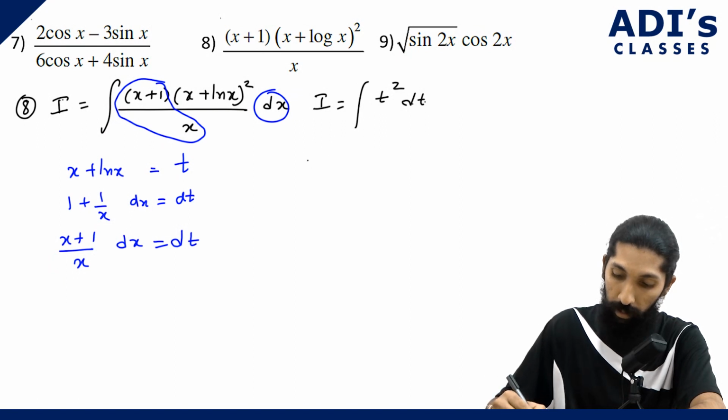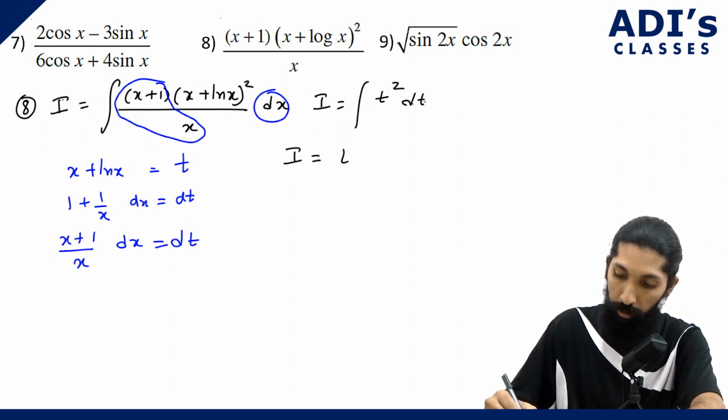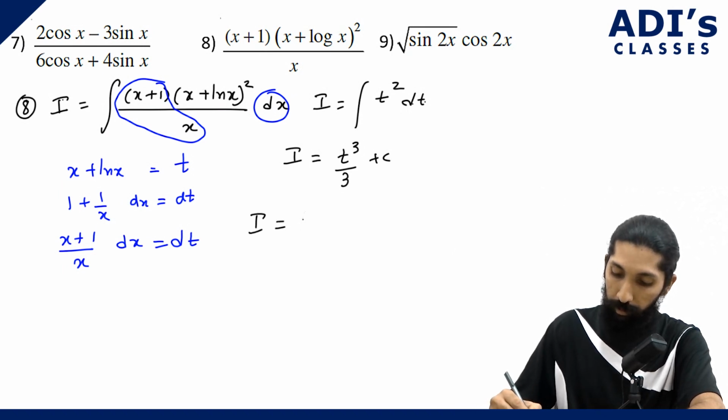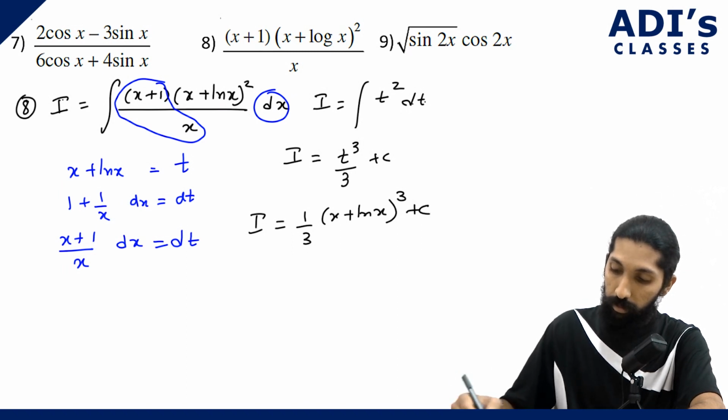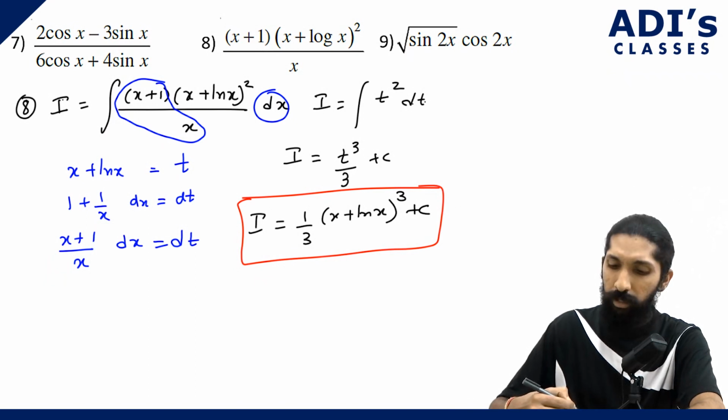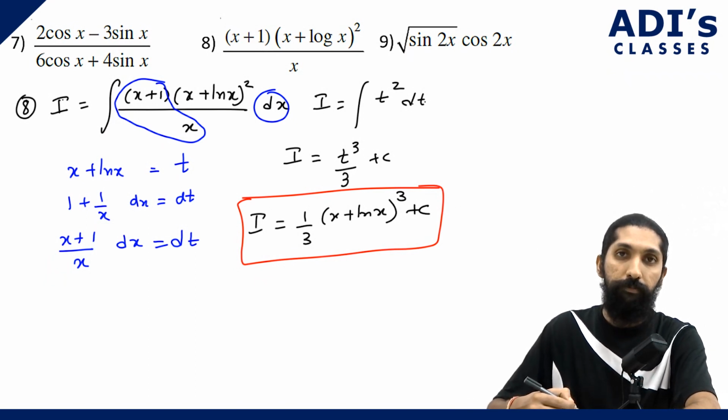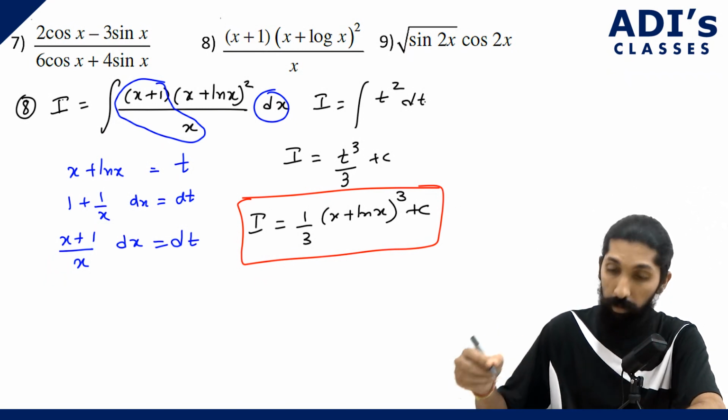So you will get I is equal to t cube divided by 3 plus c. So I is equal to 1 by 3 (x plus log x) whole cube plus c. So this is going to be the final answer. Very simple, very, very simple problem, isn't it? That's all. Now let's do the ninth one.